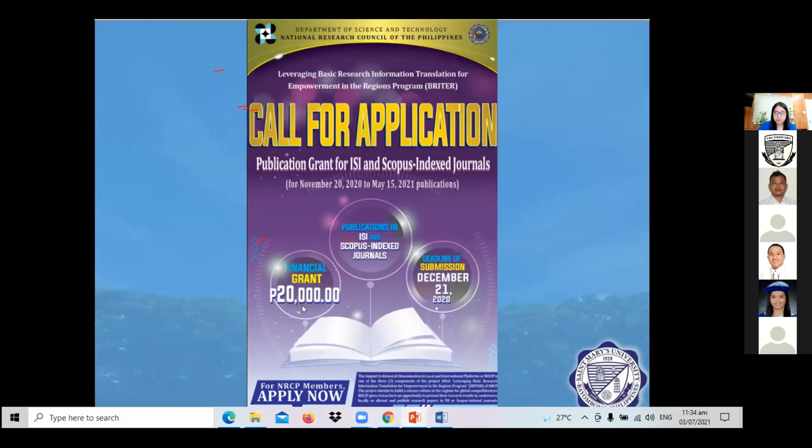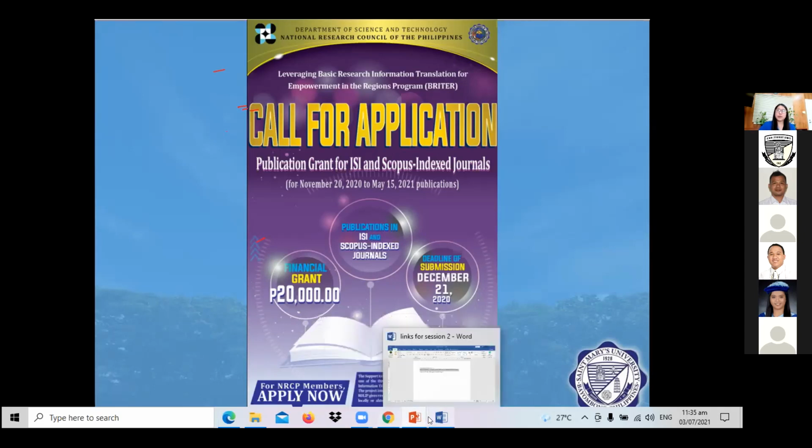If you want to publish in that journal, you still need to shoulder a lot of money, because 20,000 is not even half of that amount. So you really need to search so that you can come up with a list of potential journals where you want to publish your paper.